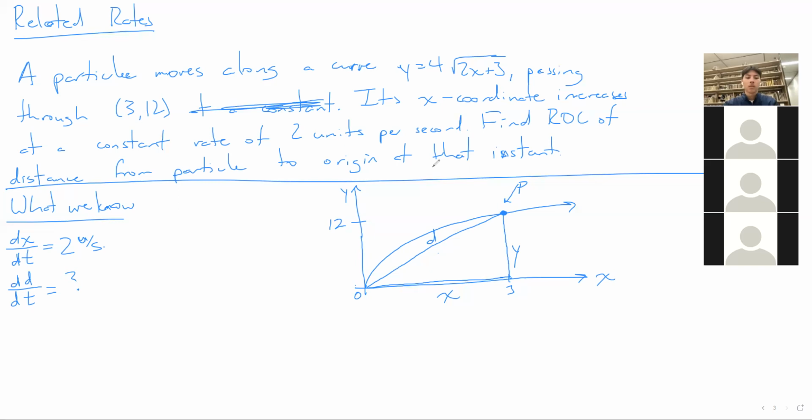Based on the kind of quantities we have to look at, we've got to build an equation, right? So we want to find the rate of change of that distance. We know our equation needs to be based on distance somehow.